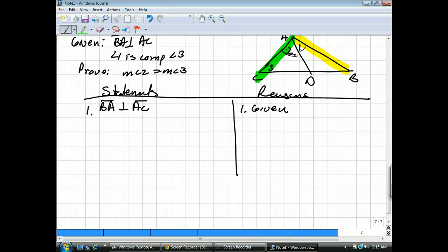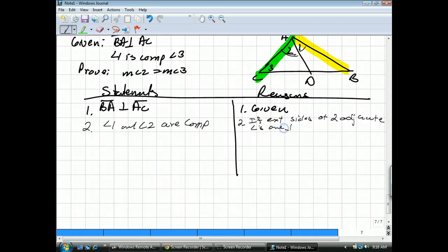What do we know about those two angles? We know angle 1 and angle 2 are complementary. Okay, and that's because if exterior sides of two adjacent acute angles are perpendicular, then the angles are complementary. That's how we knew that.